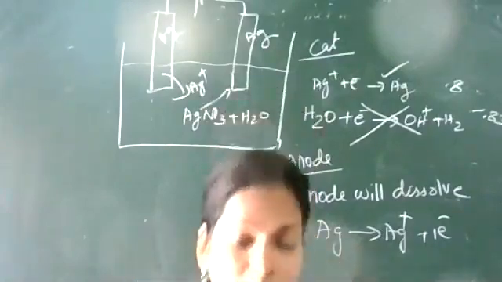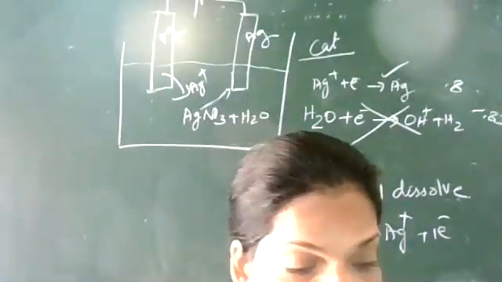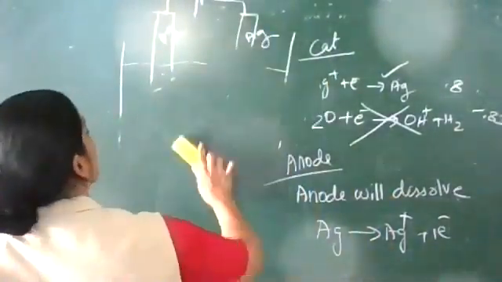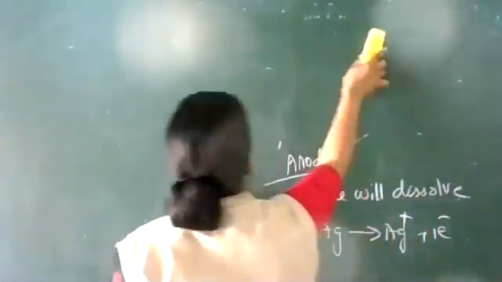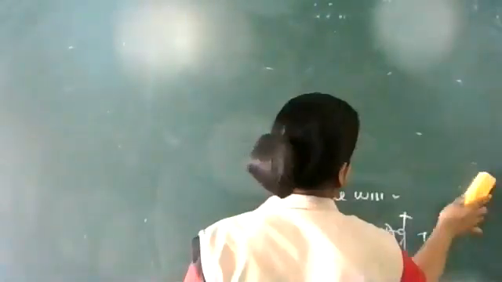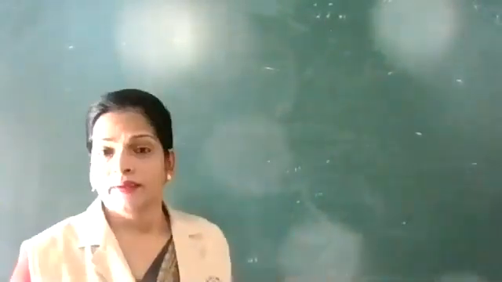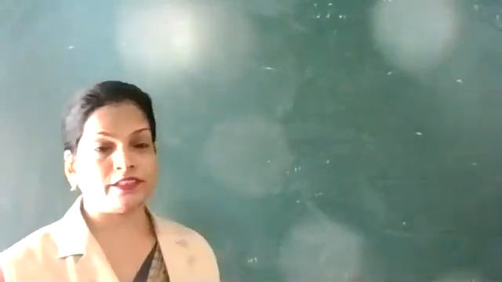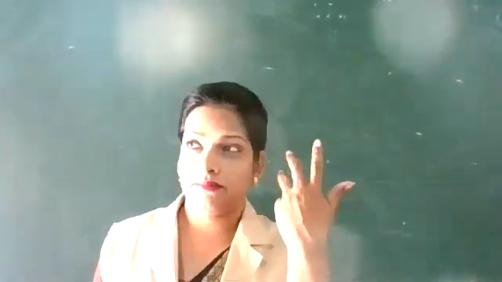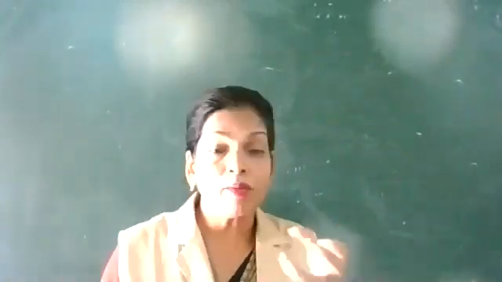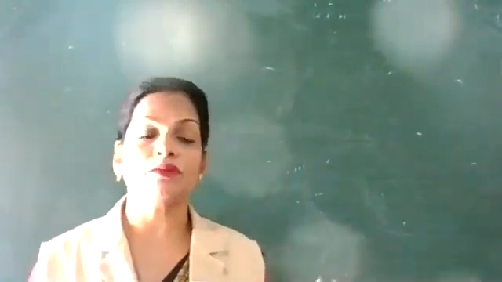We are moving to the next chapter, chemical kinetics. Kinetics means speed, velocity. At the macroscopic level, we talk about the amount of the reactants and the amount of the product.